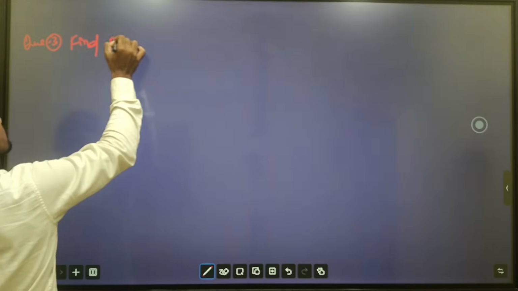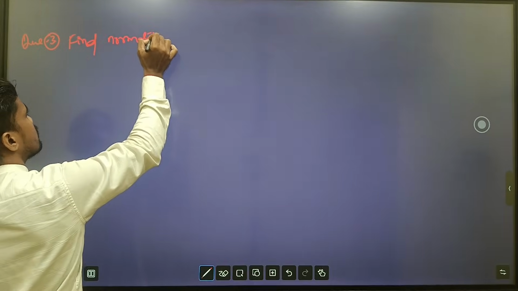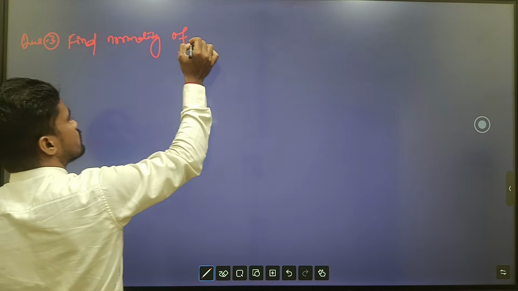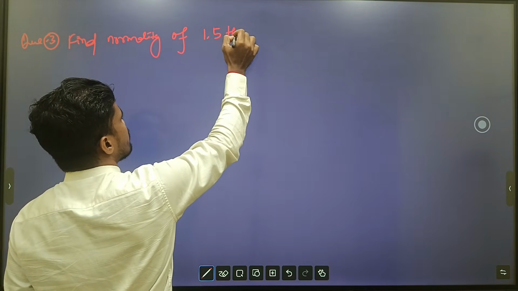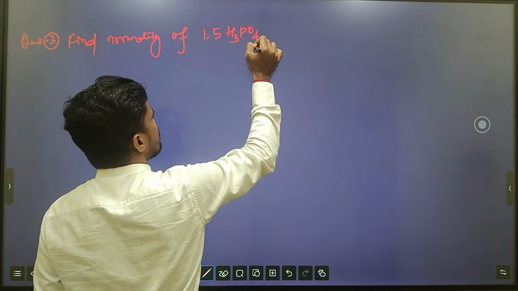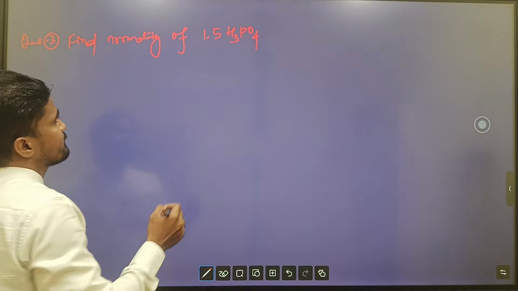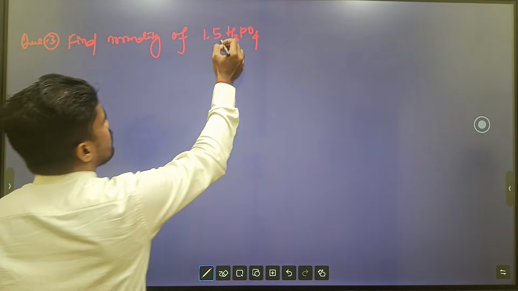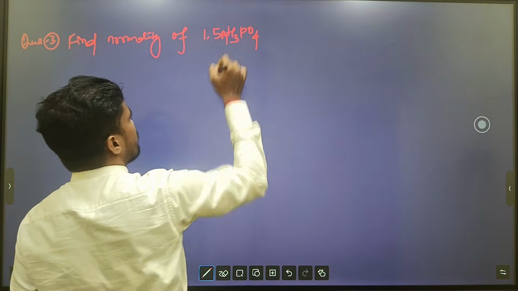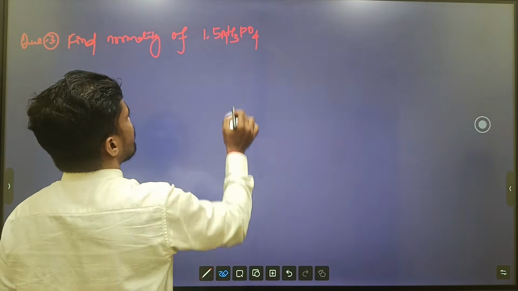Find the normality of 1.5 M H3PO4. Okay, so here also the molarity is 1.5 M.